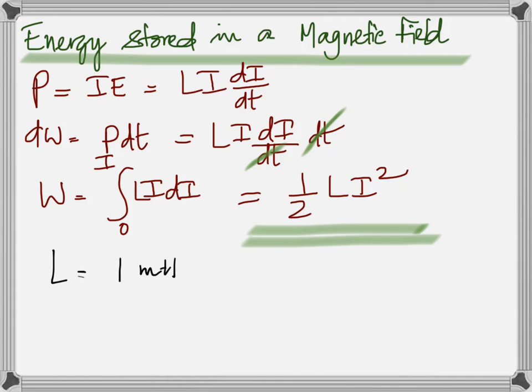Let's do a simple problem. If L is 1 millihenry and I is 1 ampere, find the energy stored. Remember that this energy is called the potential energy, therefore the symbol would be U again, potential energy. Find the potential energy. Just use that formula, find it.